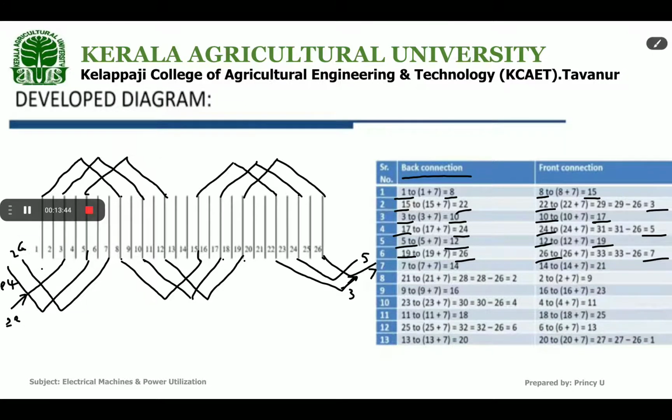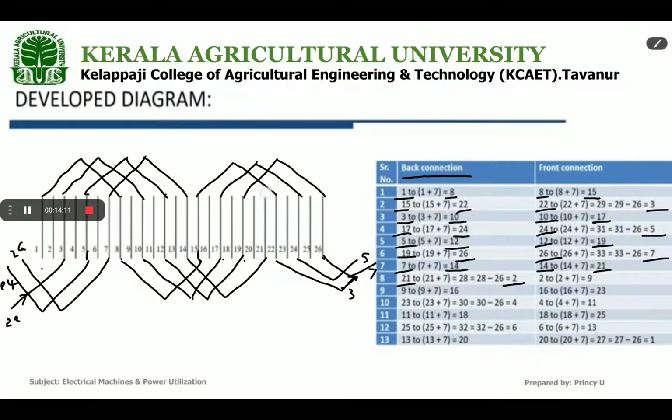Then from 27 you start from 7 to 14. Upper side back connection, 7 to 14. Connect to the 14th conductor. Then from 14 to 21, 14 to 21. Then from 21 my connection is to 2.